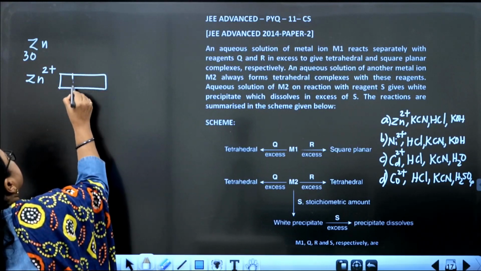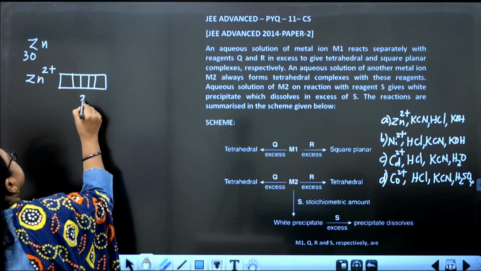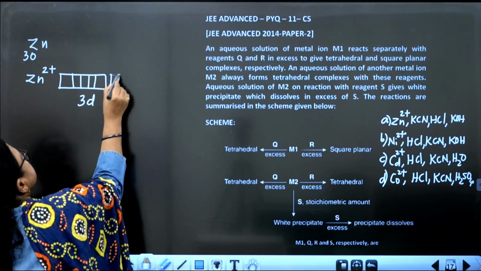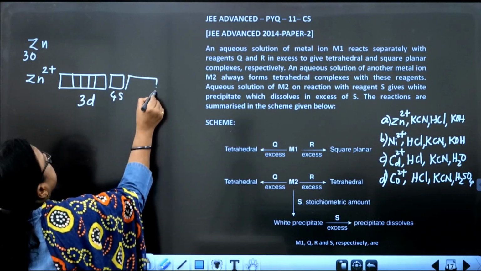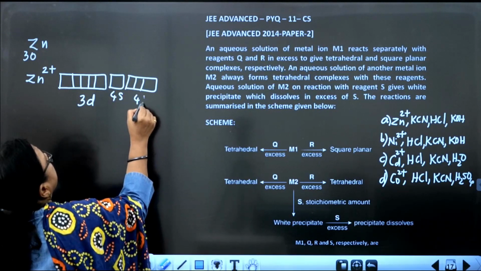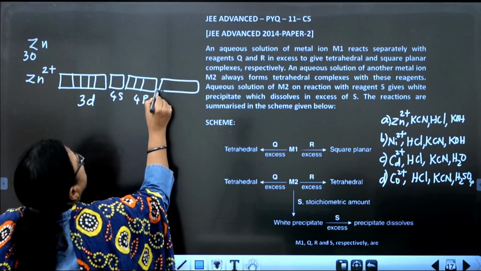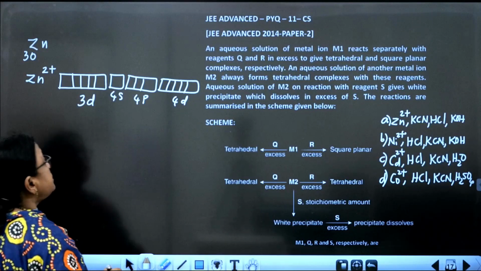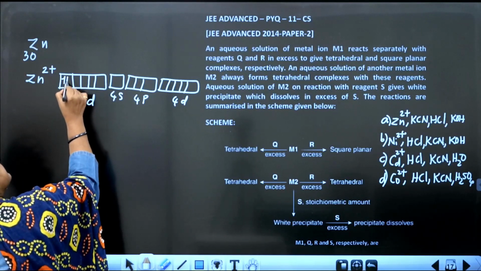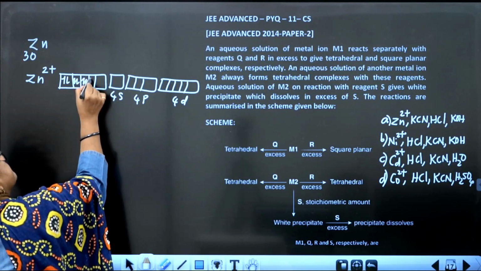So 4s is vacant now for Zn2+, and then it is left with 4p and 4d which are also vacant. Zn2+ 3d10, this is the configuration.